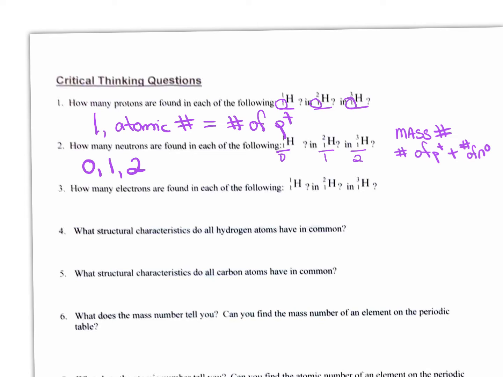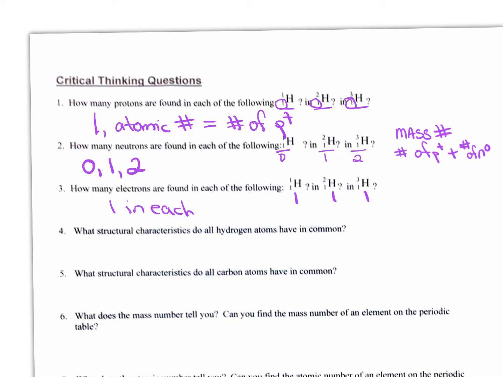All right, how many electrons are found in each of the following? Well, if you look back at the boxes, there's 1 electron in each. So I have 1 electron here, 1 there, and 1 there.